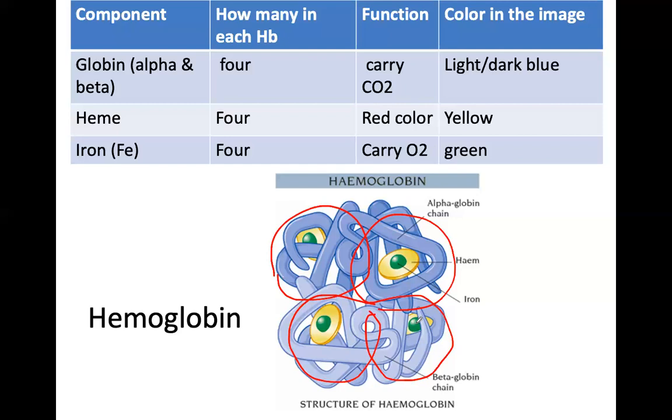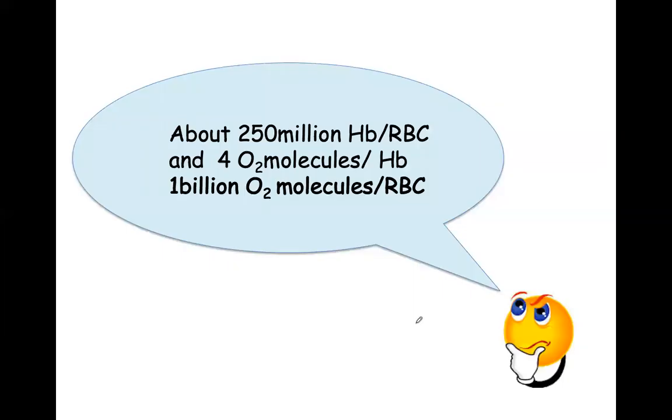So let's look at this, guys. We have 250 million hemoglobin proteins per red blood cell, and each of those 250 million hemoglobins carries 4 oxygen molecules. So if I multiply that 4 by 250, you get an answer: 1 billion O2 molecules can be carried by a single tiny red blood cell.